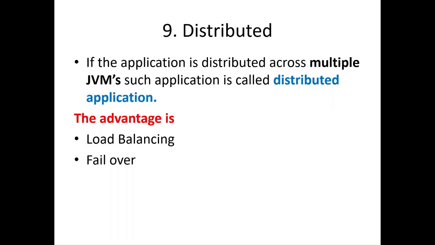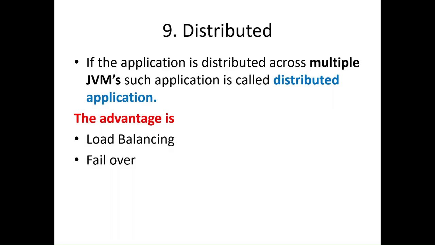And distributed. If the application is distributed across multiple JVMs, such an application is called a distributed application. When you work on a project in a Java environment, there may be one JVM software, but the project will have different processes.